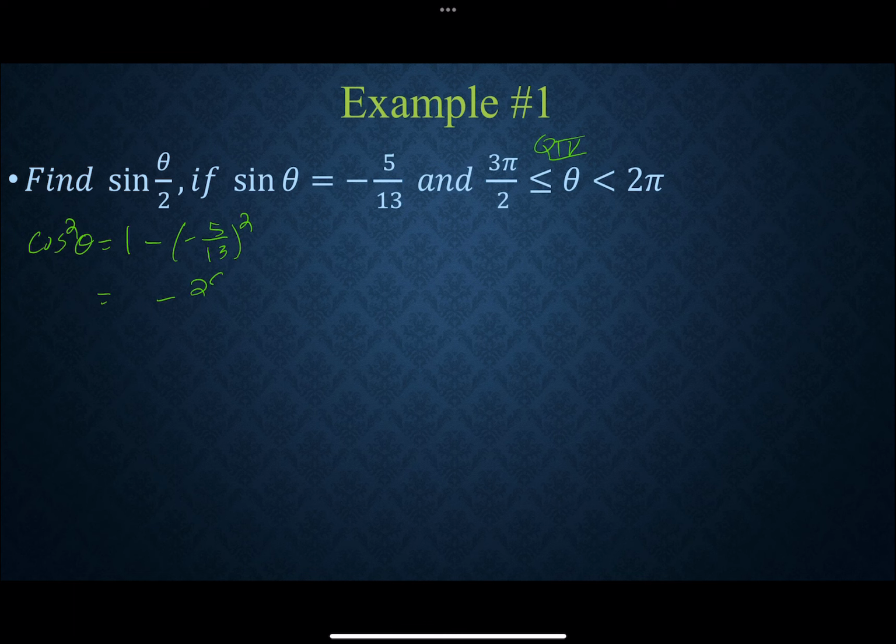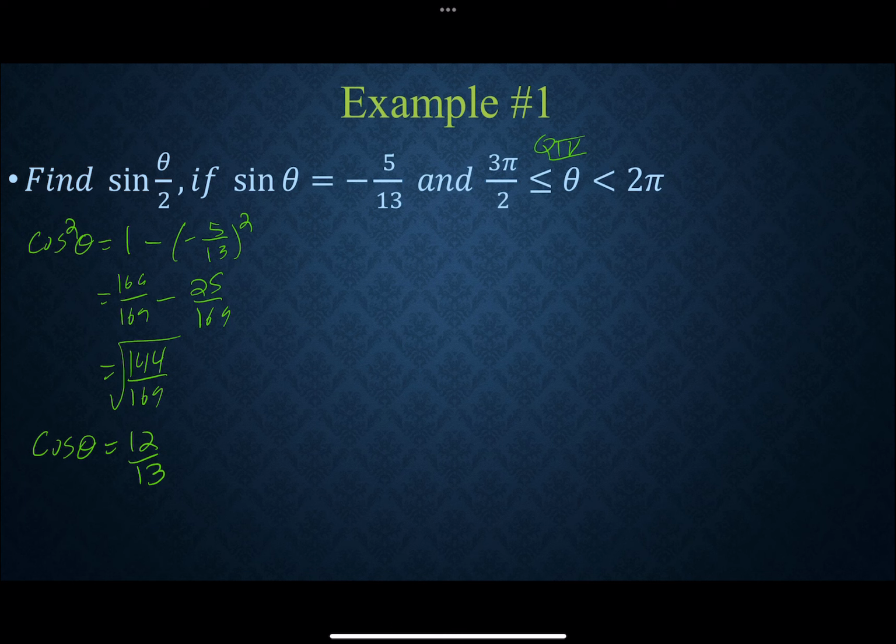We get 25 over 169, so the 1 is 169 over 169, giving us 144 over 169. Taking the square root gives us cosine of a single theta to be 12/13, and in quadrant 4, it's a positive 12/13. Again, it's very important to make sure you are aware of which quadrant you want to be in for a single theta.